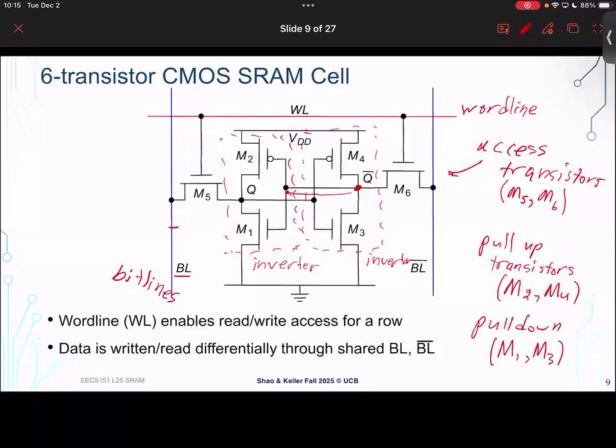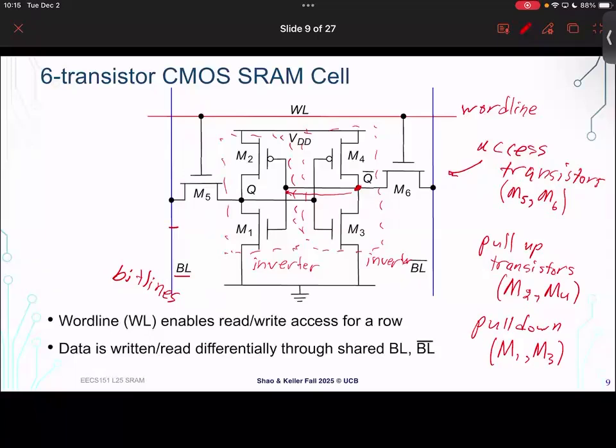So the word line says, are we accessing the cell or not? If the word line is off, it's just those cross-coupled inverters and feedback. If the word line is on, then we're accessing the cell in some way. We're either reading or writing. And then the bit lines are sending in or reading out the actual data into or out of the cell.